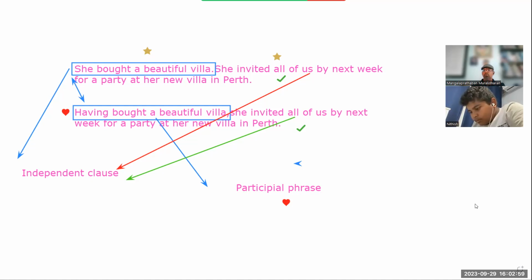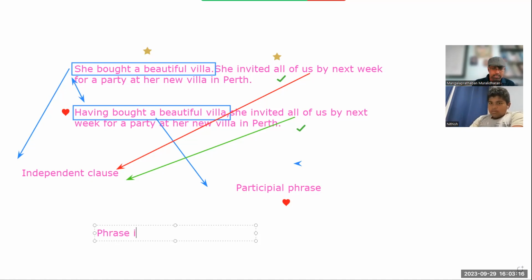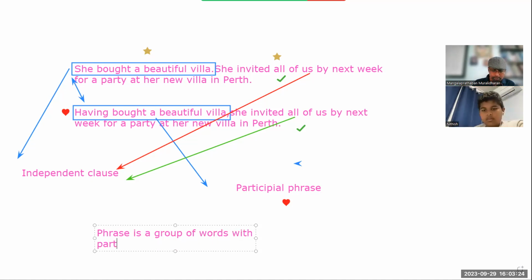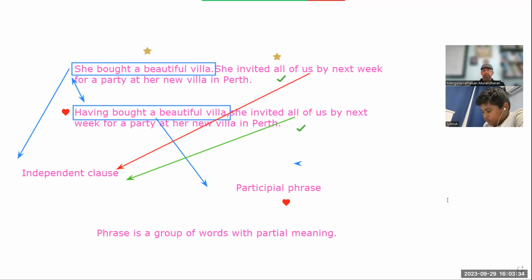Having bought a beautiful villa. What is a phrase? A group of words with partial meaning. I'm going to give you the definition here. A phrase is a group of words with partial meaning. Is that okay?